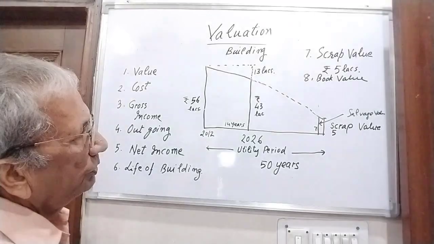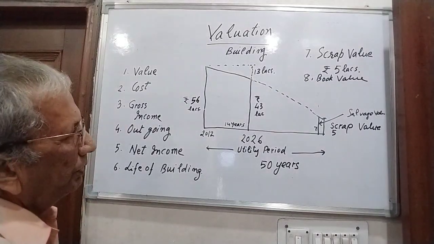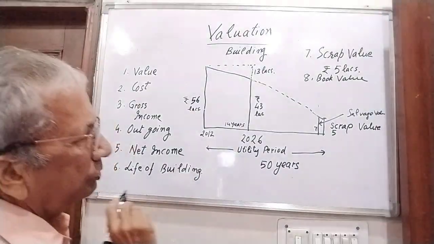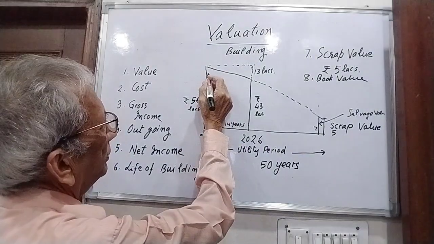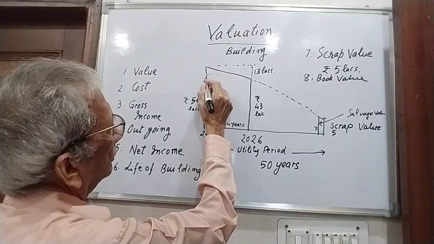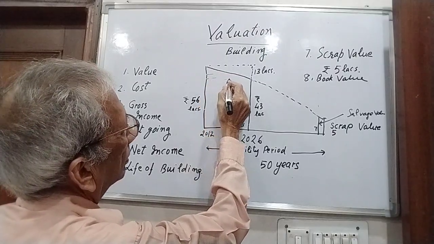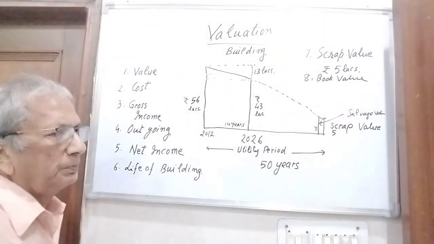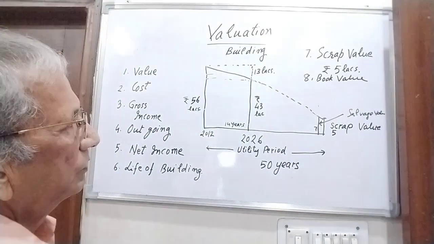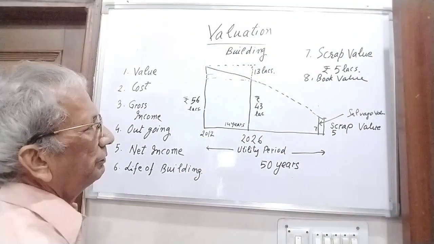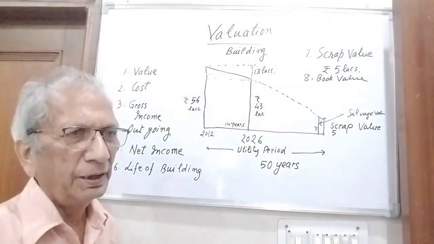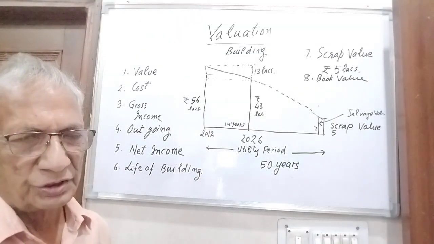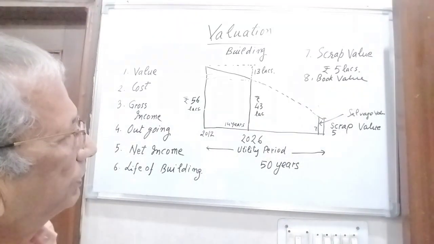It is market value, it is value of the building, but according to books, according to balance sheet, when every year we subtract depreciation, after subtracting depreciation, we get some value. That may be 44 lakhs, 45 lakhs. That is called book value. According to calculation, we get book value.